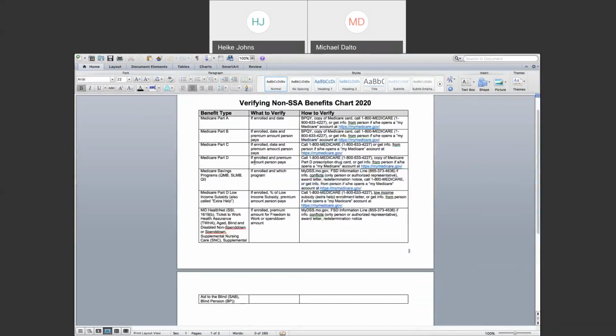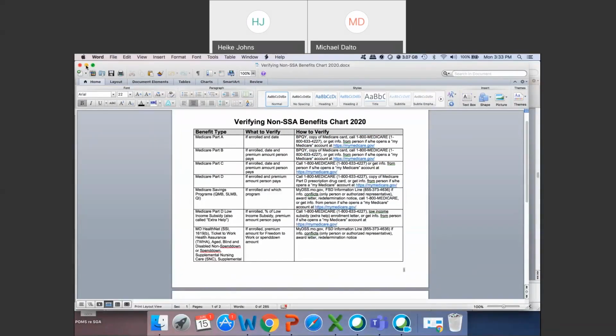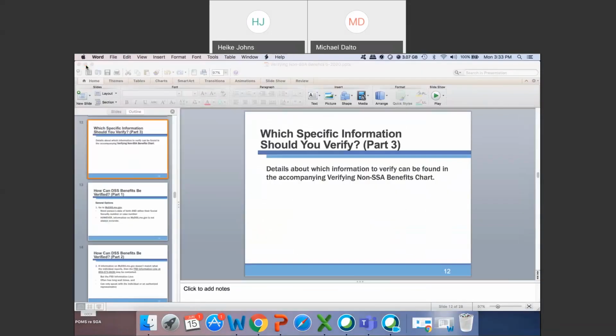It's just a hair longer than a page. It provides the benefit types we're covering, what you should verify, and how you can verify it with each type of benefit. So this is a chart you want to have available as we're going through this webinar.